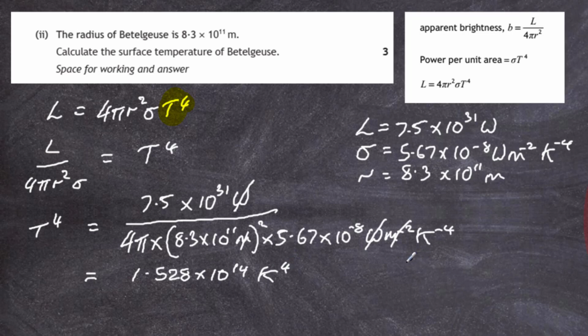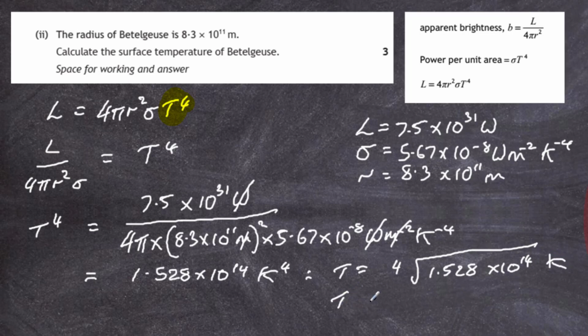We don't want the fourth power of the temperature, we want to find the fourth root of it, so therefore T is going to equal the fourth root of 1.528 times 10 to the power 14, and of course the Kelvin will come out to give Kelvin on its own.